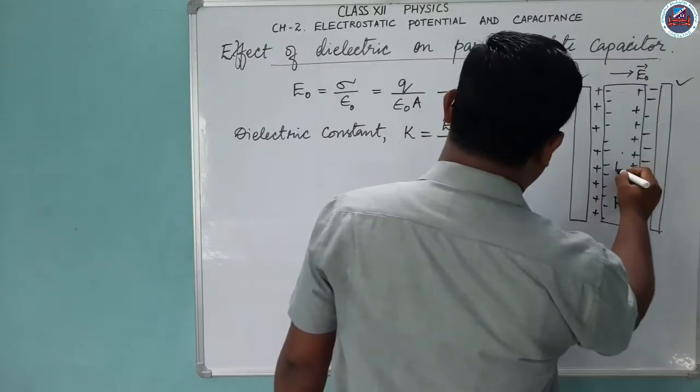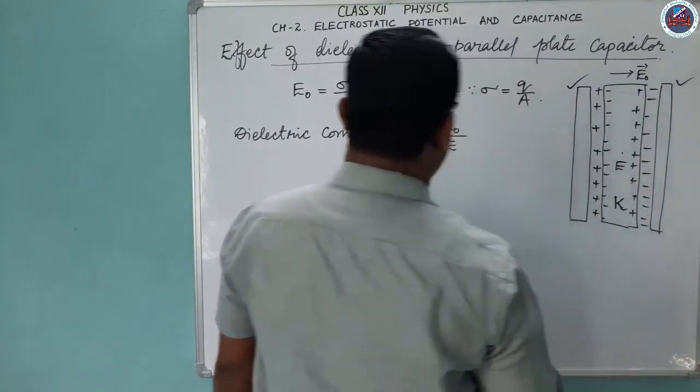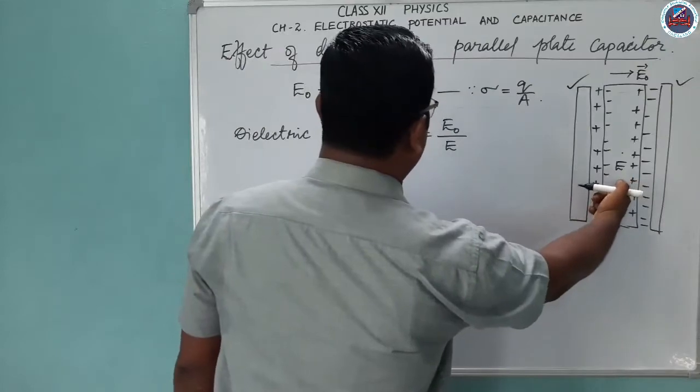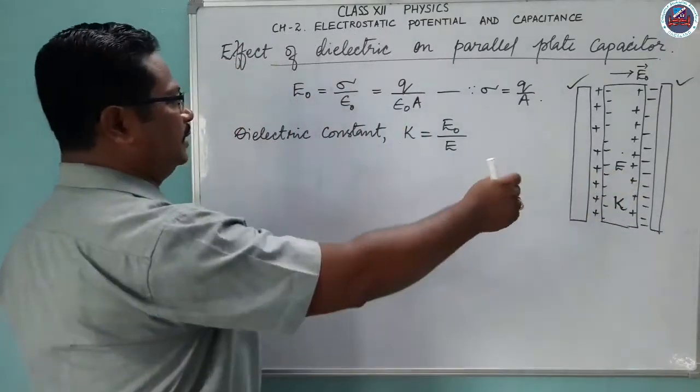The reduced value is E, the resultant internal intensity inside the capacitor.